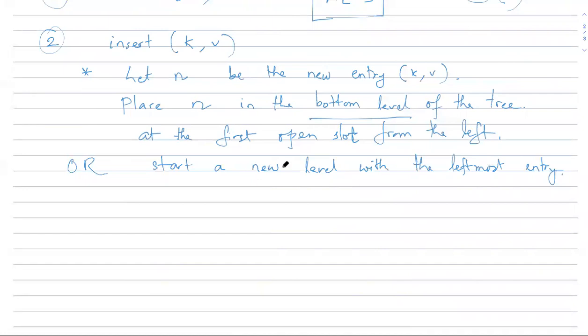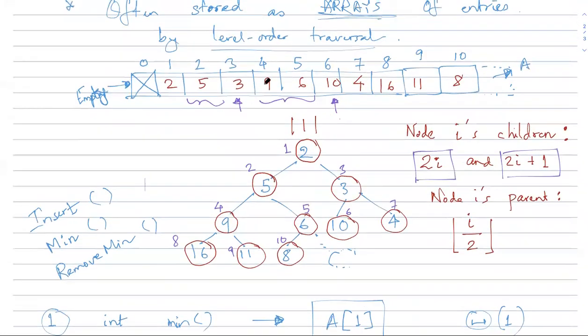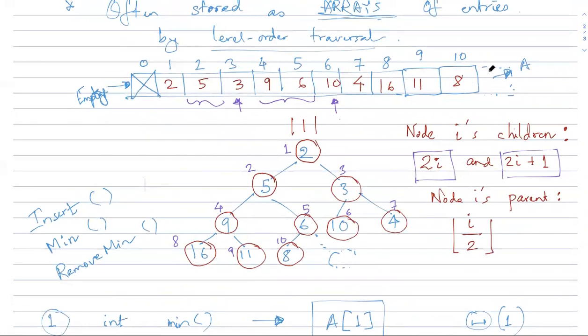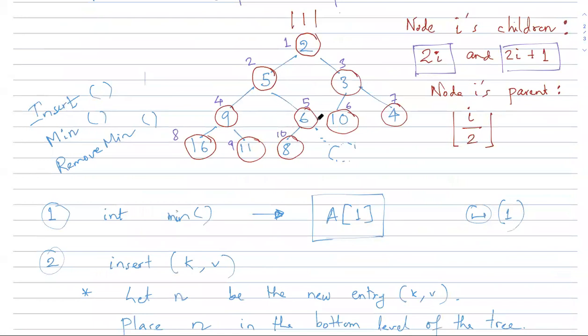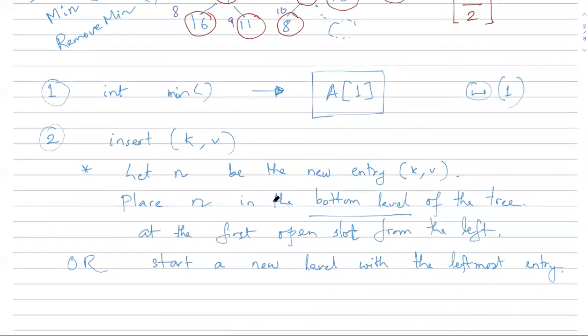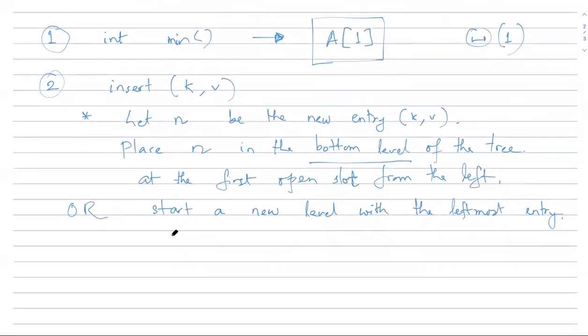This comment is more for visualization, but as far as the array is concerned, it is just a matter of putting one more element at the end of the array. This is what we are storing in memory. But in the visualization of the binary heap tree, it would appear to be adding a new level to the tree. So this corresponds to the first free location in the array.